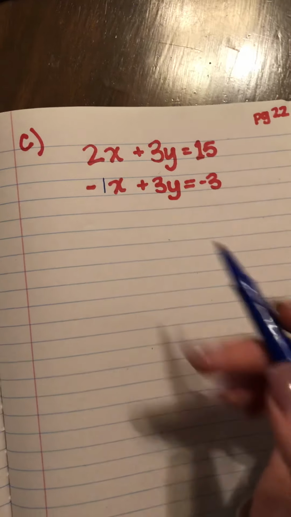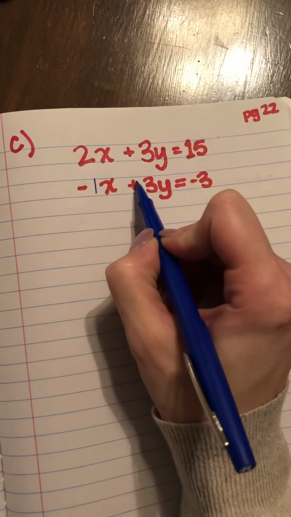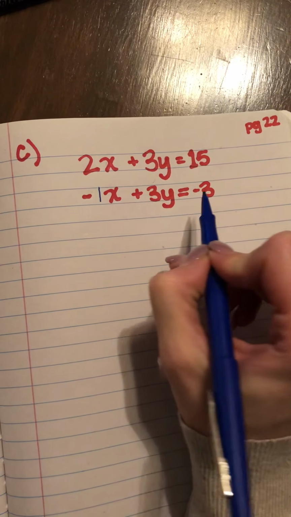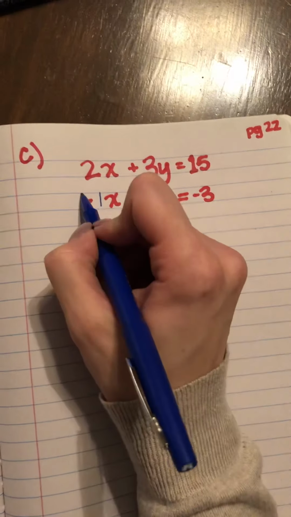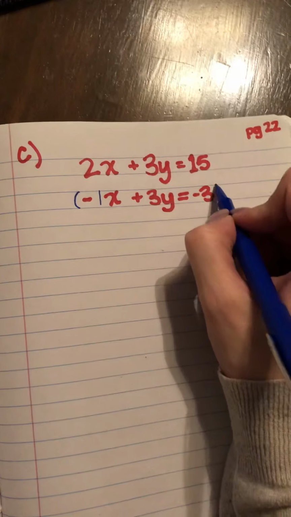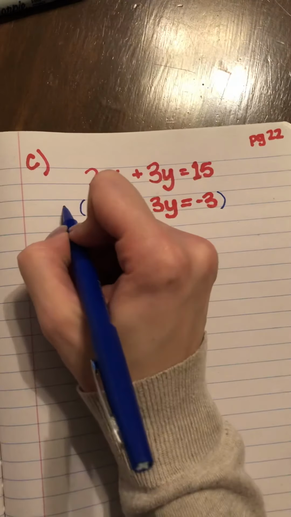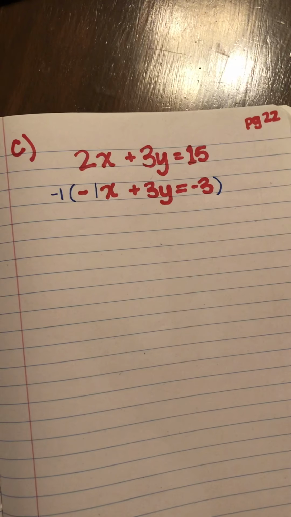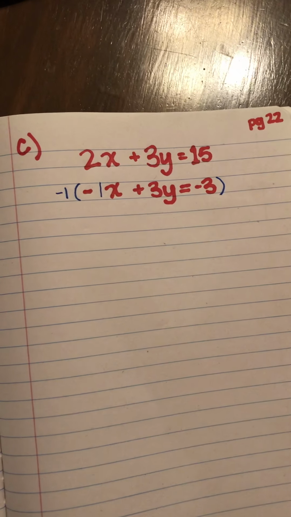So I need to do that, but I can't just come in here and make this a negative. I have to change everything in the entire equation. So I'm going to multiply this entire equation by a negative 1, which turns it into an equivalent equation.